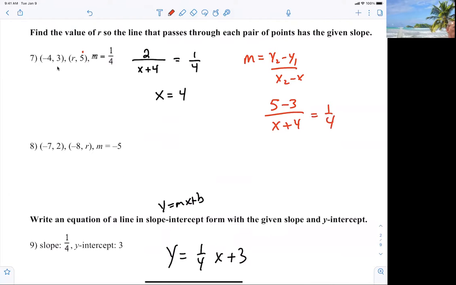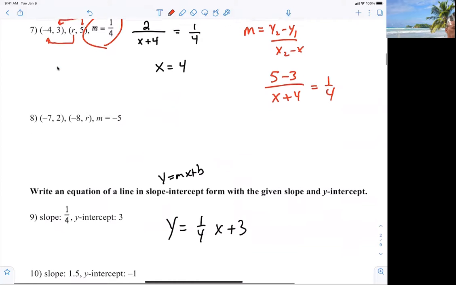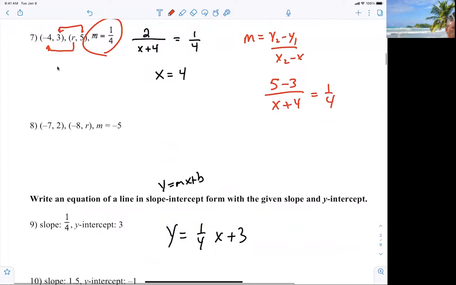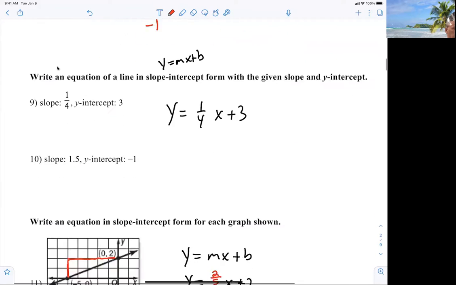I did 5 minus 3, and then I call it x. I know it's an r, I just hate it. And then that equals that. I thought you were plugging in 1/4. No, 1/4 is the slope. So for number 8, in this case I would just call this a y. Y minus 2 over, is that -1? Equals -5. Do you agree with that? Yes, thank you.